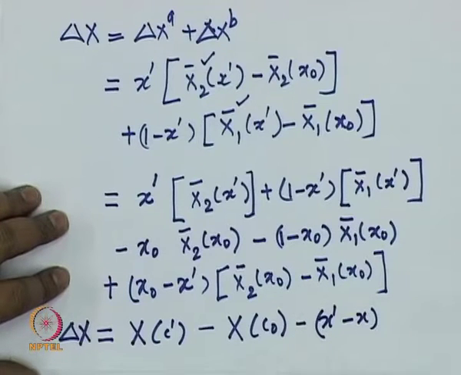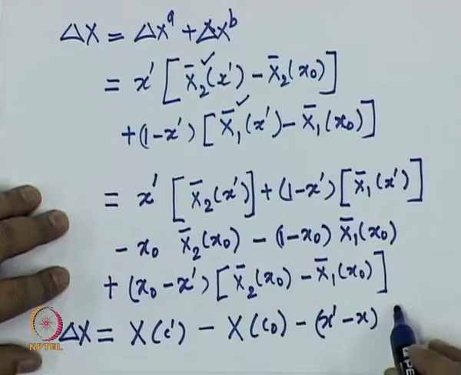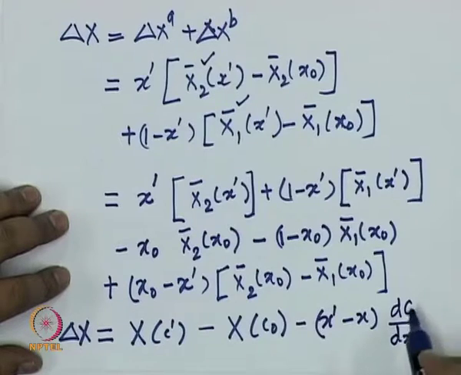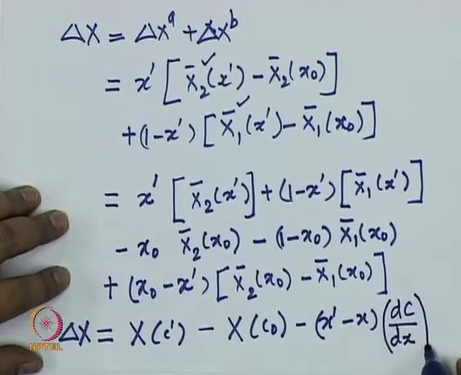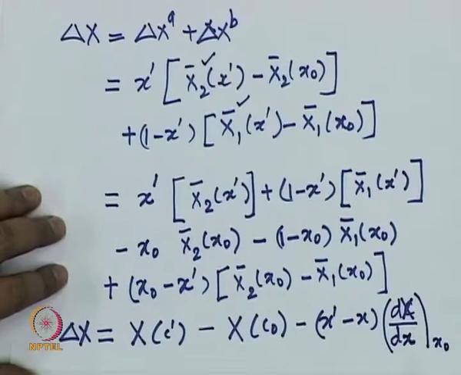So, you are taking the two y points and the difference, and the composition axis goes from 0 to 1. So, this part can be written as dx by dx at composition x naught, right.